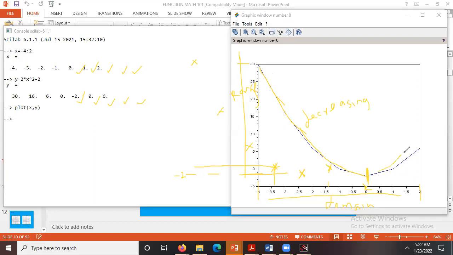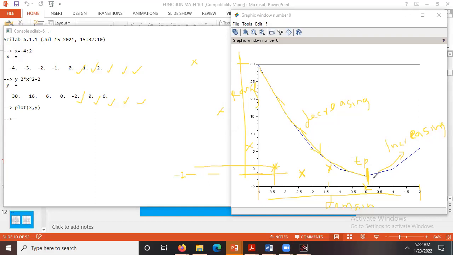To increase. Okay, so here we are increasing. And such a point is first of all called a turning point, because it has changed the state of the graph from a decreasing state toward an increasing state. So we call it a turning point, usually represented as TP.